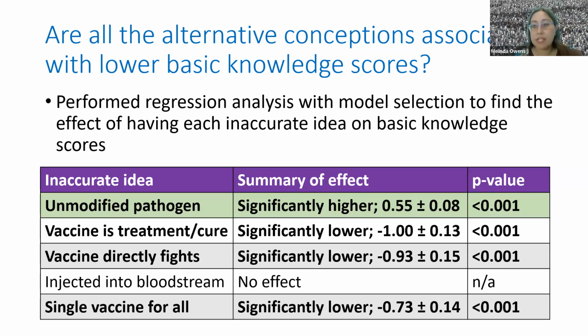But actually, when you looked at the other factors, saying that the vaccine was an unmodified pathogen was also associated with a higher probability of knowing that the immune system was activated and that vaccines are preventative, that they prevent future disease.